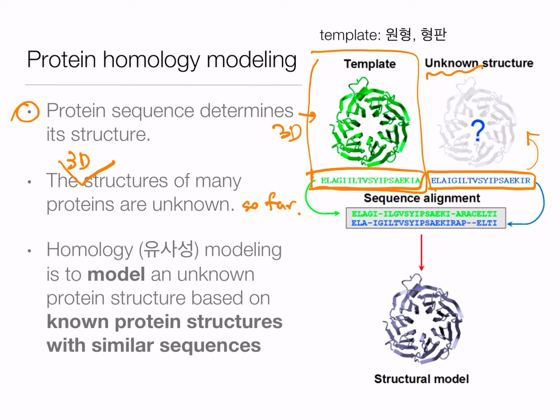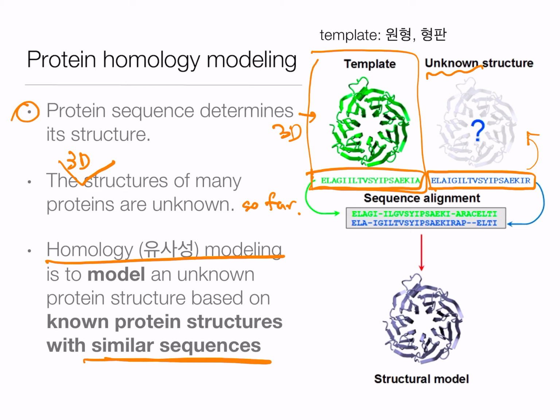Then how can we generate the structure using computers? One of the most commonly used methods is called homology modeling. Homology modeling is to model an unknown protein structure based on known protein structures with similar sequences.